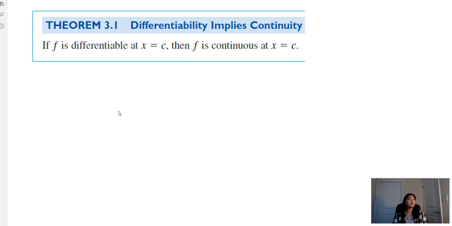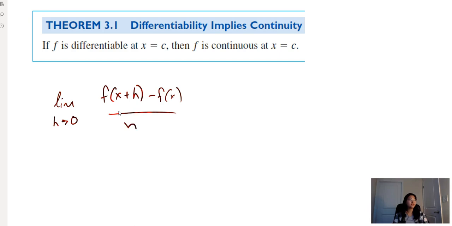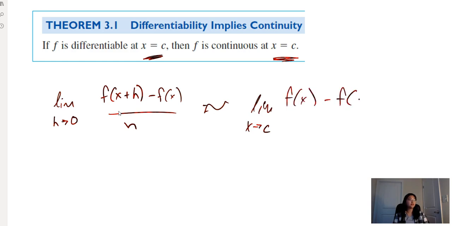Differentiability implies continuity. So your task is to make a video of yourself explaining why this is true. Think about how you're going to explain why differentiability implies continuity. Remember that the existence of a derivative means that this limit exists, or similarly, the limit as x approaches c, which might be more useful here, of f of x minus f of c all over x minus c.